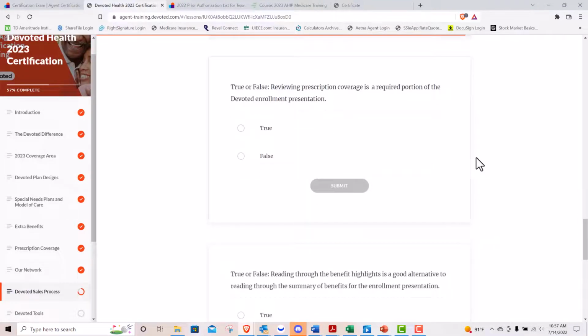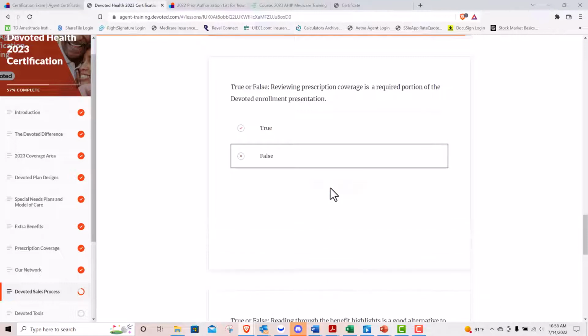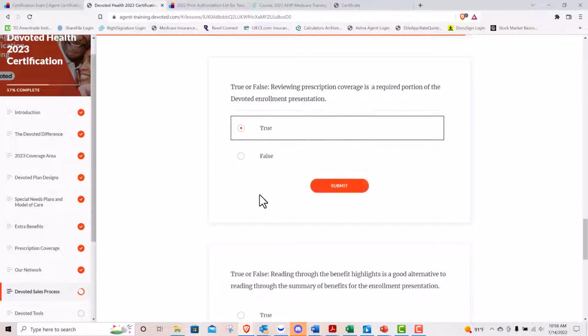All right. When review is required. So it is not required, I believe. Strongly suggested. Oh, they made it true. Okay, so this is kind of a trick question, but just remember for Devoted, reviewing prescription coverage is a required portion of the Devoted enrollment presentation.